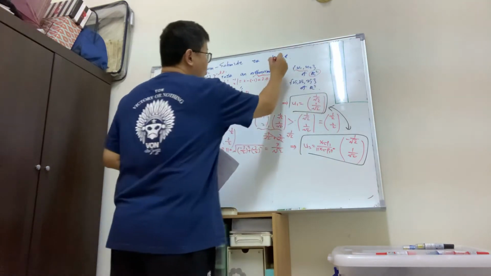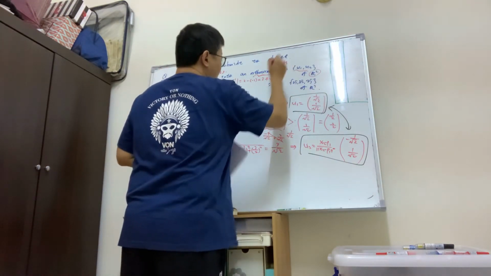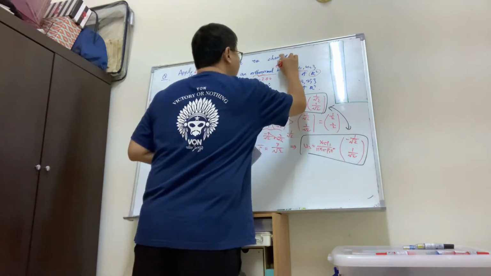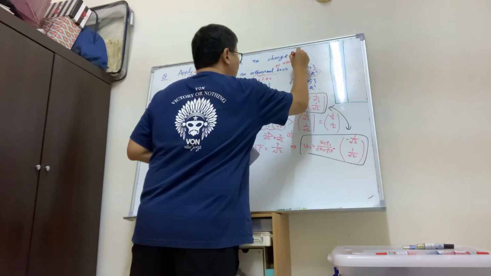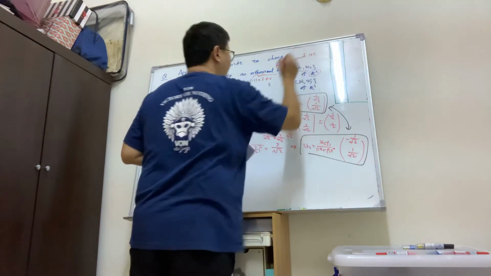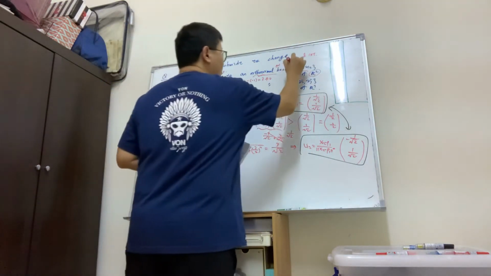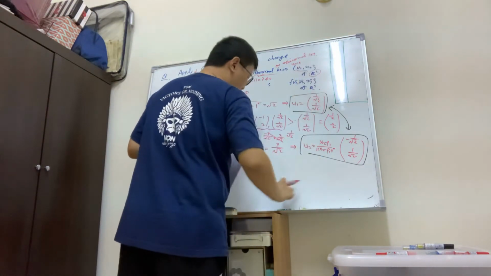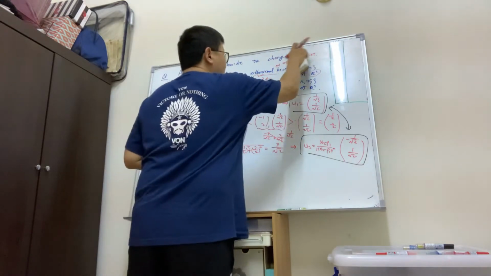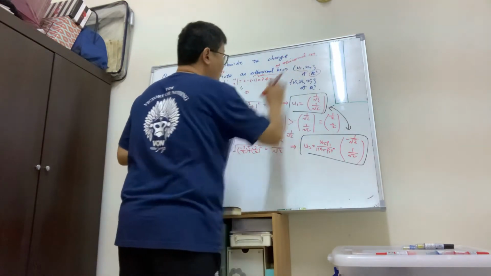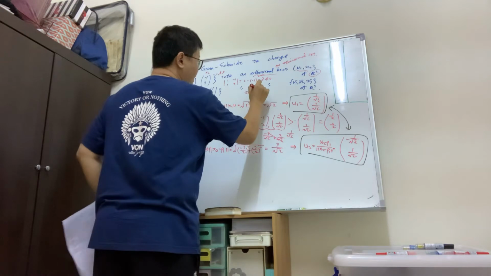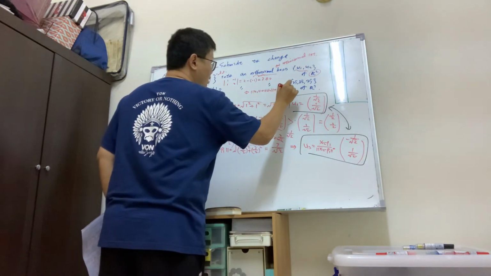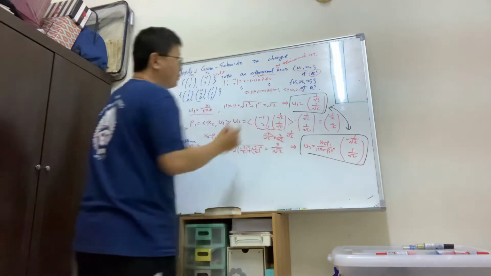So you just need to show U1's length equals U2's length equals 1, and the inner product of U1 and U2 equals 0.